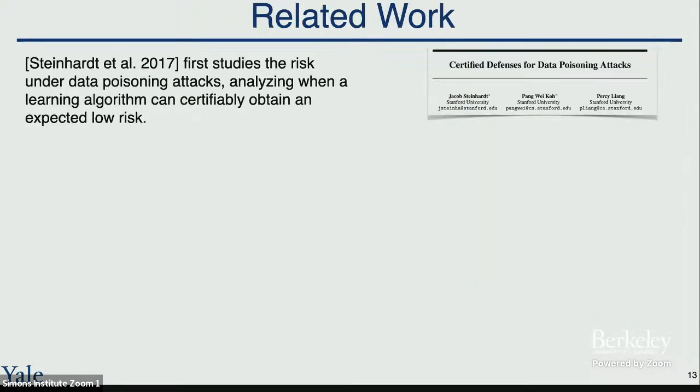Okay, so before talking about what we have done, let me say what others did. One of the first studies was done by Steinhardt, who looked at data poisoning attacks and tried to understand when we can have algorithms that certifiably obtain low risk.